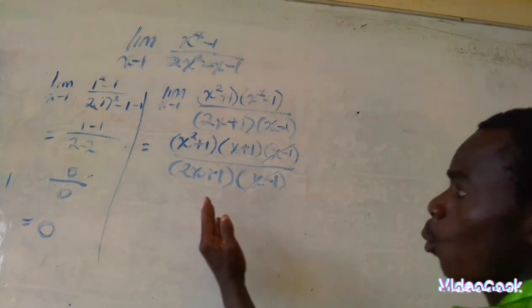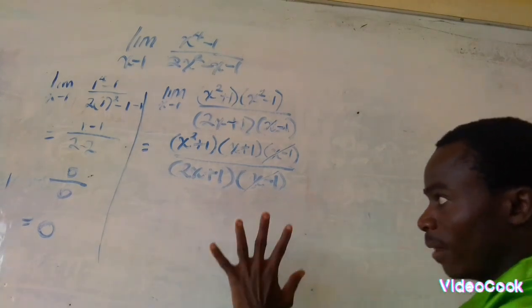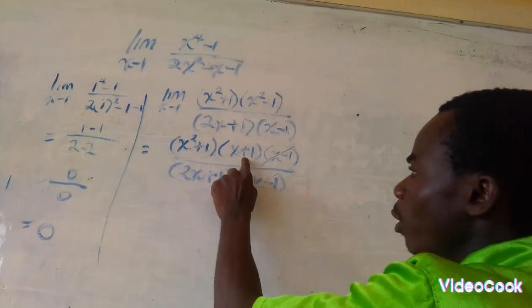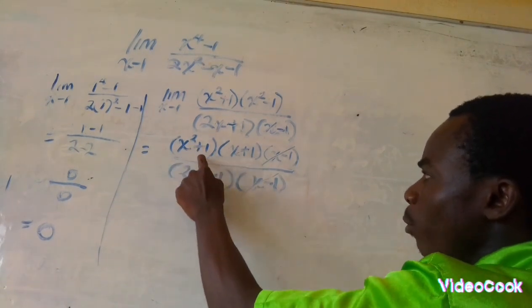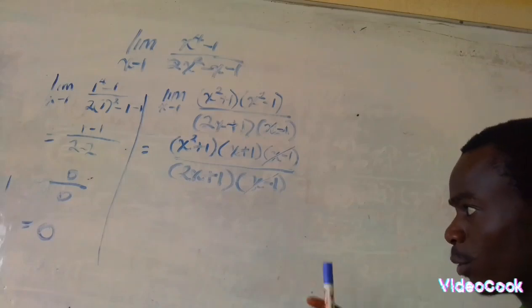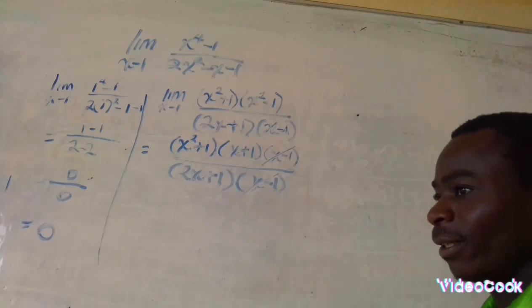So, in this problem, what do we do here? Now, we're going to multiply x squared plus 1 times x plus 1. So, let's multiply and then plug in the limit value.